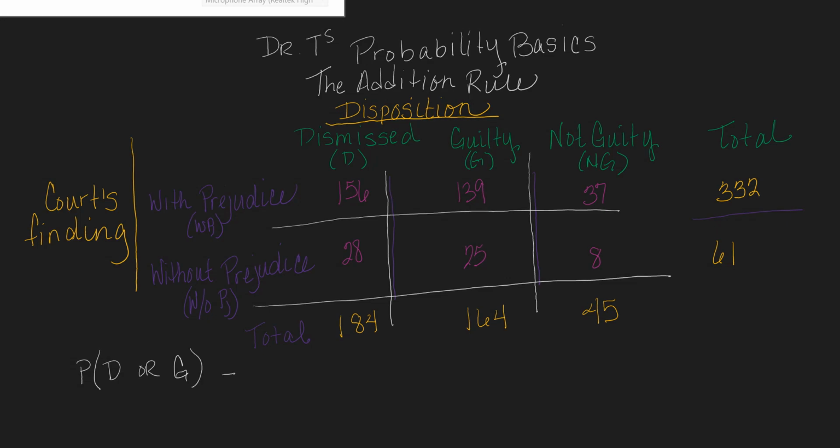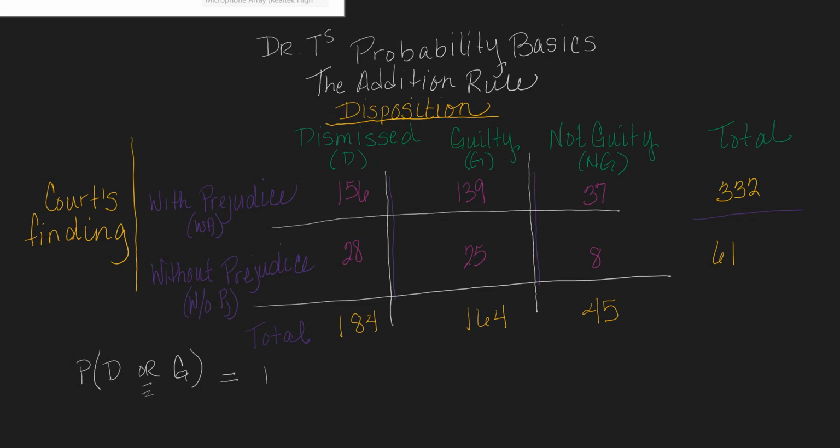All right. Well, this is an or. Why? Because someone's case generally is not going to be both dismissed with a guilty defendant. So these are mutually exclusive categories. You're not going to be both, at least in this example.